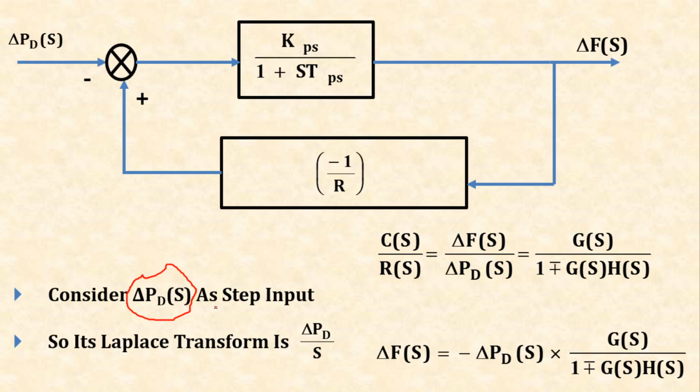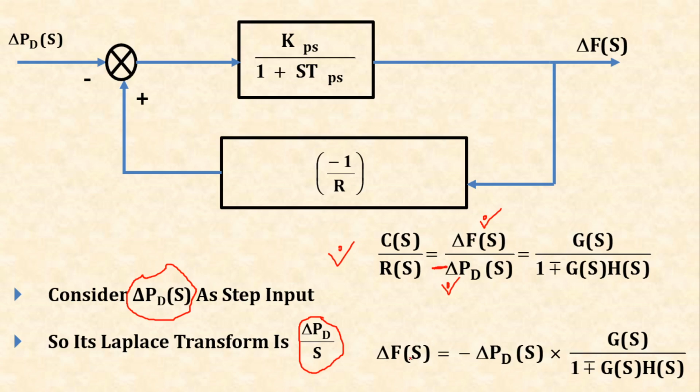So delta PD of S is a step input, and its Laplace transform will be delta PD upon S. We will use the standard closed loop transfer function formula: C of S upon R of S is equal to G of S upon 1 plus or minus G of S into H of S. Here C of S is the output, which is delta F of S, and R of S is the input, which is delta PD of S. Our input is negative, so I will put the minus sign here.